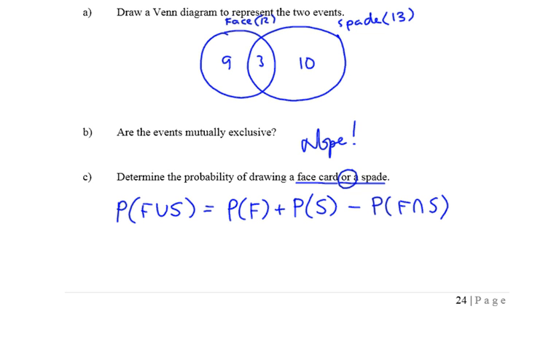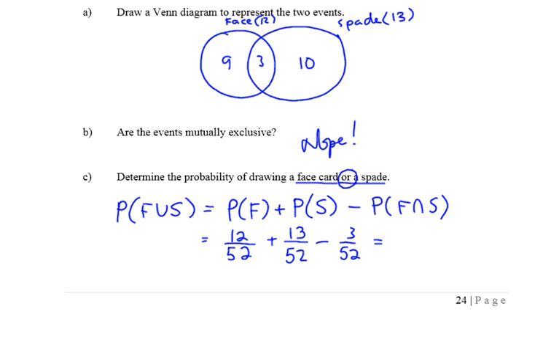Good? Okay, so what's the probability of a face card? How many face cards are there? 12 out of 52. How many spades are there? 13 out of 52, minus how many faces that are also spades? 3 out of 52.